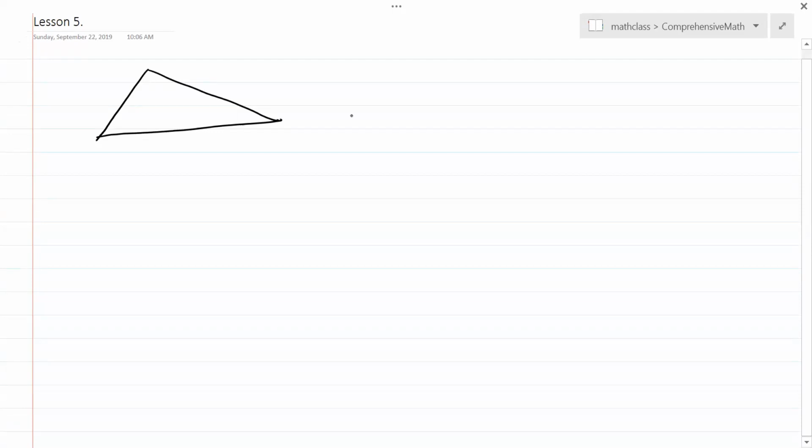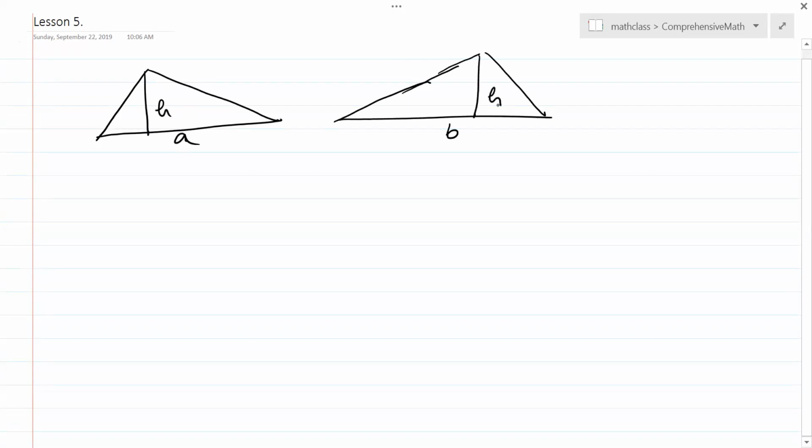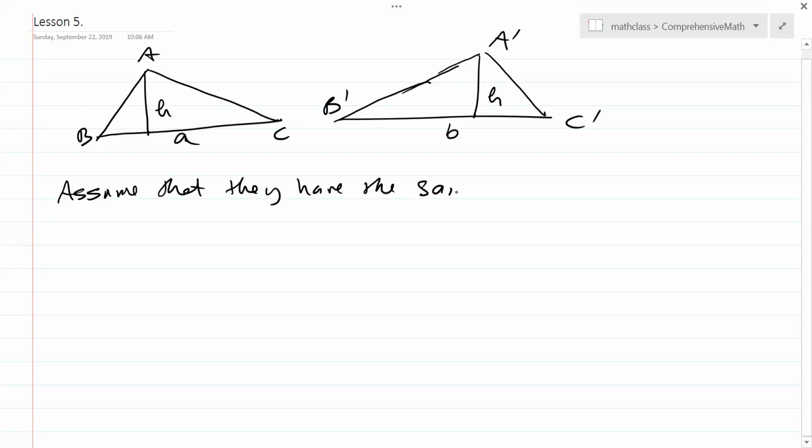If you have two triangles with the same height H, the areas are ABC and A prime B prime C prime. We assume that they have the same height.